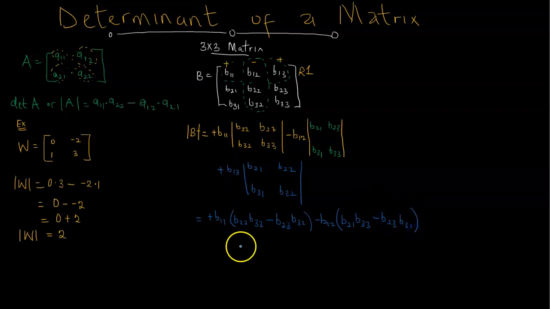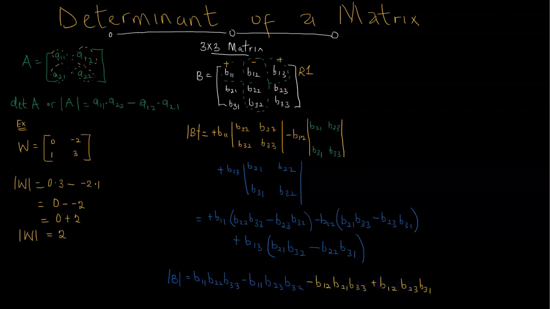Then finally, B13, then the determinant of this matrix, B21, B32, minus B22, B31. So we can just remove the brackets here and we'll get the determinants of B. So this is the determinants of matrix B.